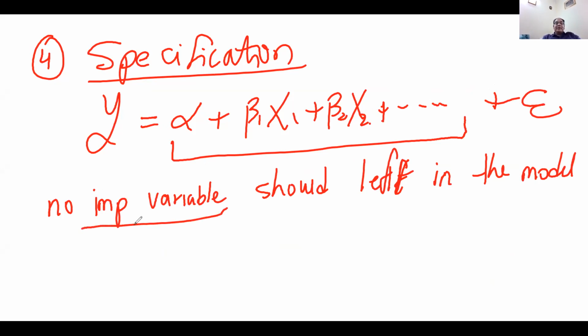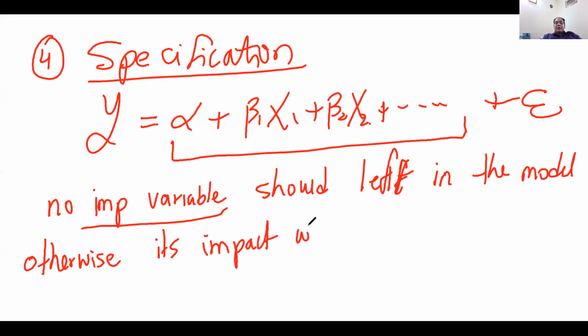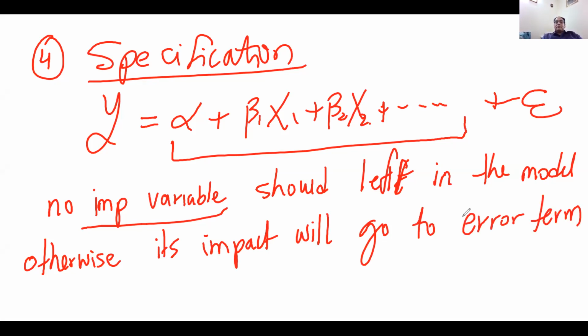Otherwise, its impact goes to the error term. If you miss any important variable in the regression model, its impact will go to the error term. So this problem should not be there, and you should not leave any important variable out of the regression model.